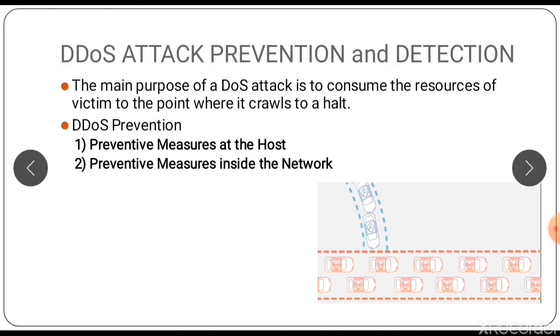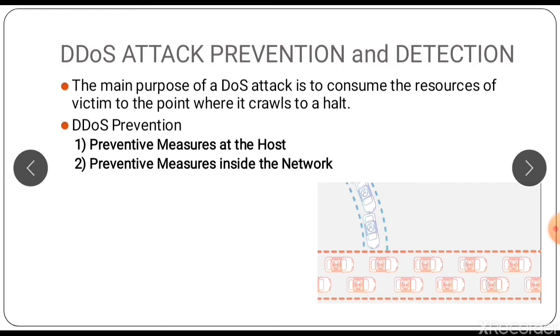You can just consider the example of a traffic jam on a highway that prevents regular traffic from arriving at its desired destination. So here the main purpose of a DoS attack is to consume the resources of the victim to the point where it crawls to a halt.